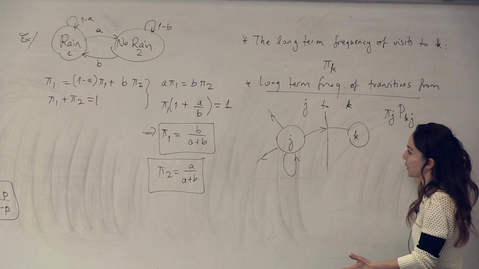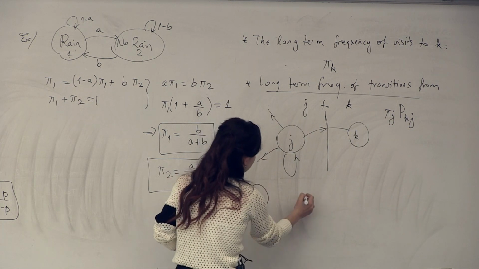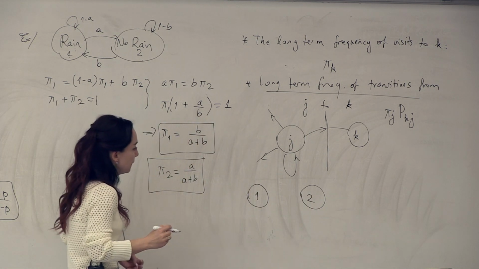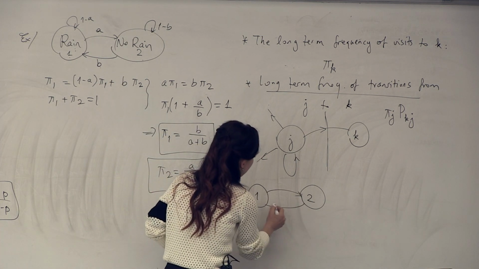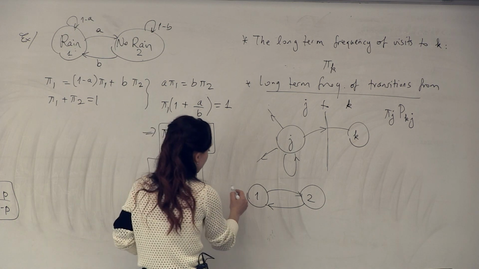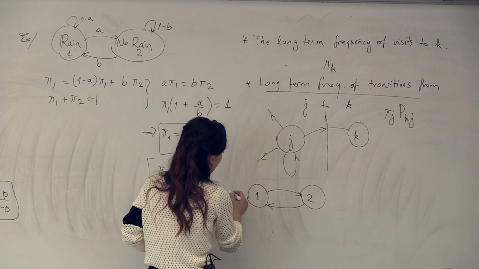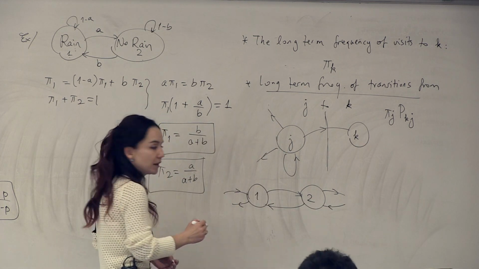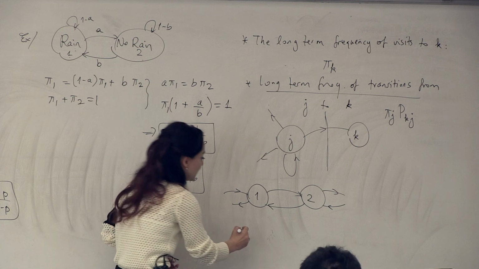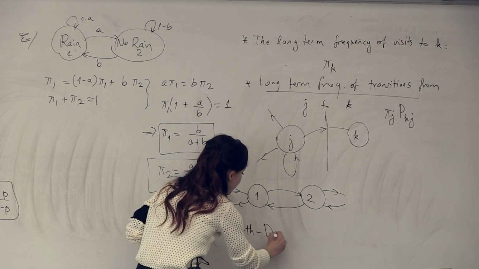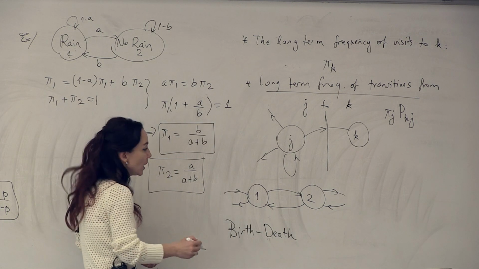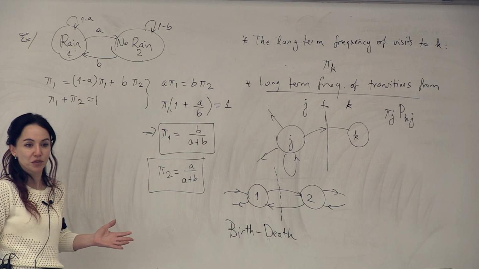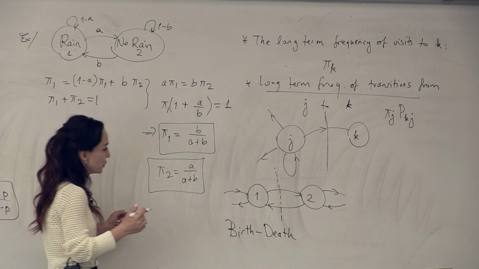But by that argument, if there are two states, 1 and 2, and if the Markov chain is at steady state, and the chain is in this form that we call a birth-death chain or birth-death process, meaning whenever I make a cut here, it splits the Markov chain into two pieces that don't communicate with each other.